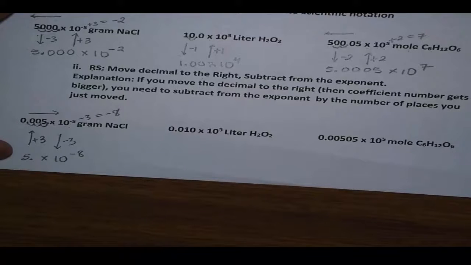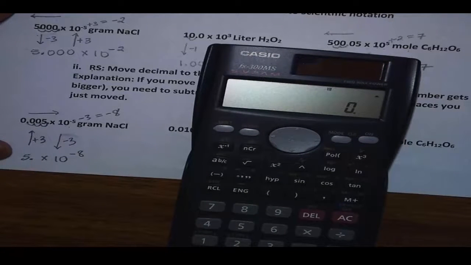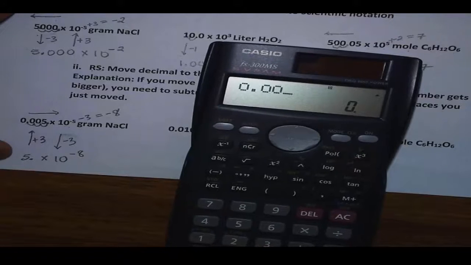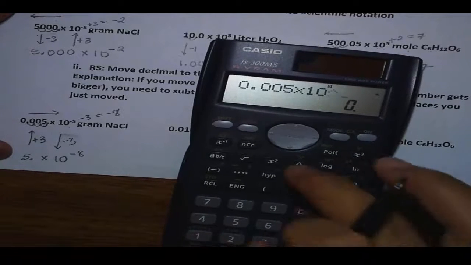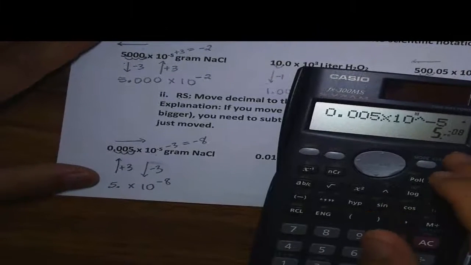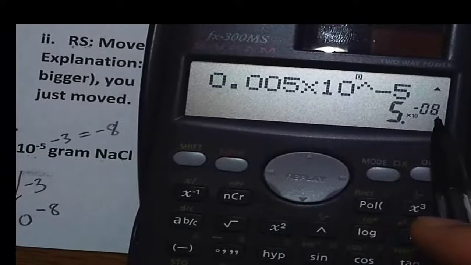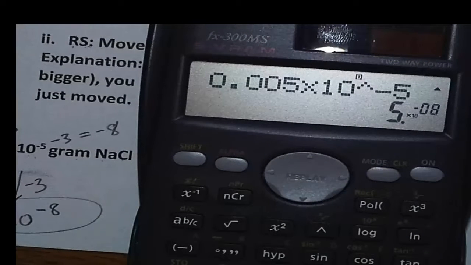Let's use our calculator to prove this. I'm going to plug this into the calculator. We have 0.005 times 10 to the negative 5 and it gives us a very small number. And notice how we have 5 point times 10 to the negative 8, which is exactly the same as this one right there. And we just proved that this method is valid.